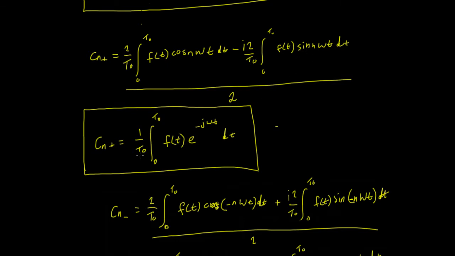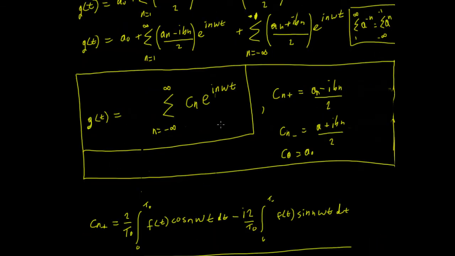So we just end up with our Cn plus being 1 upon t naught, the integral from 0 to t naught of f of t e to the minus j n omega t dt. Now that's us shown that it works for all the positive values, the Cn plus.